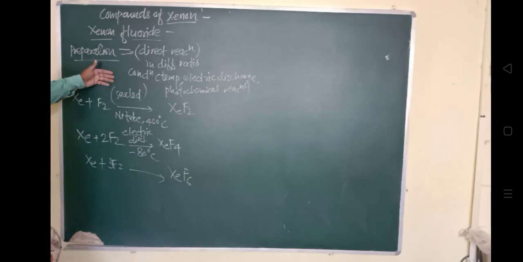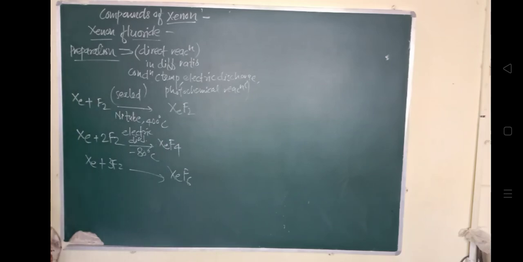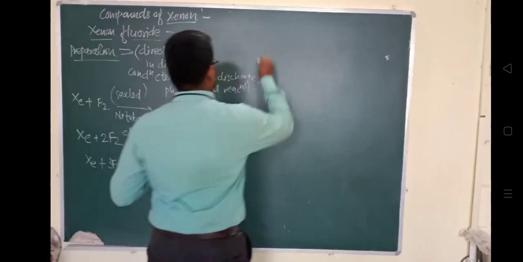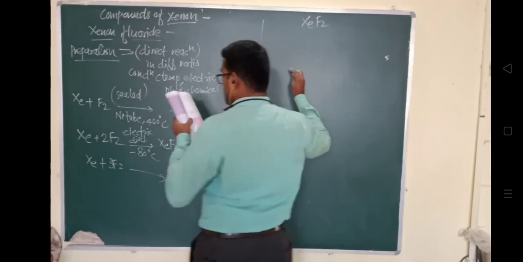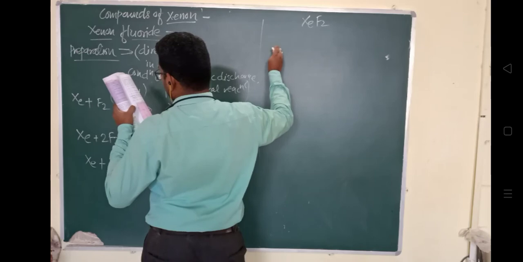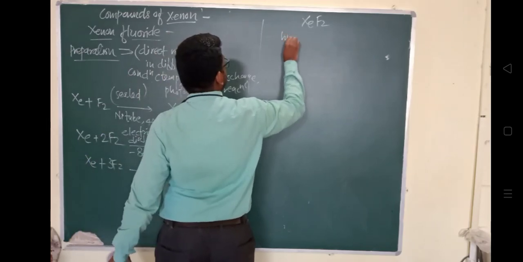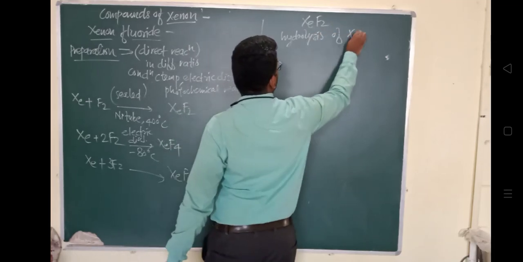So xenon fluoride, when getting hydrolyzed with twice H2O, twice XeF2, it is forming 4HF plus twice Xe plus O2. So it forms HF.